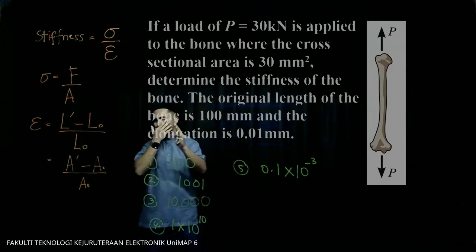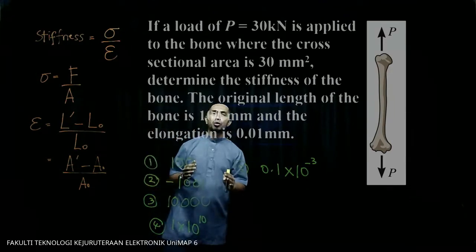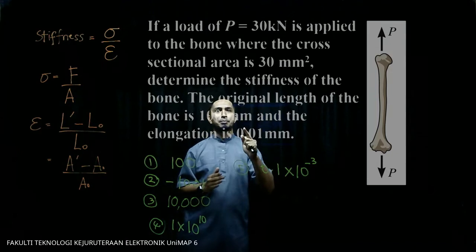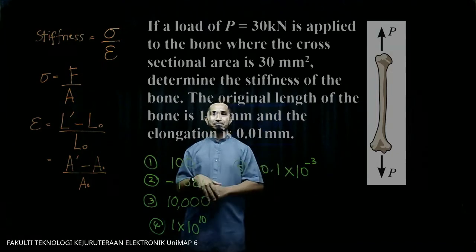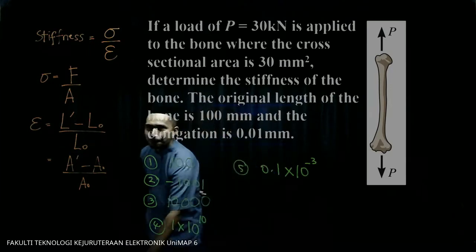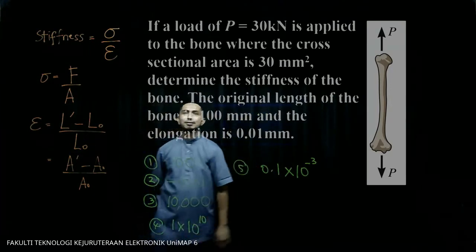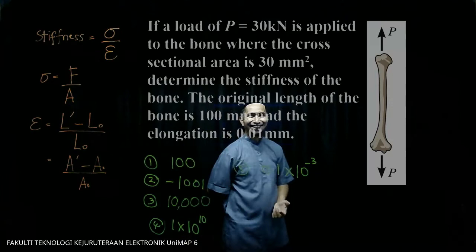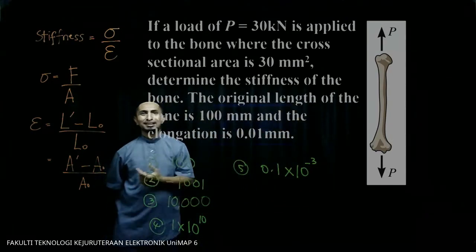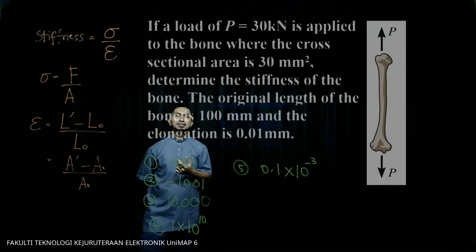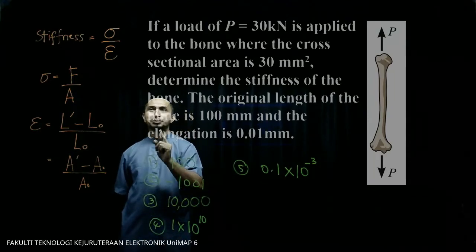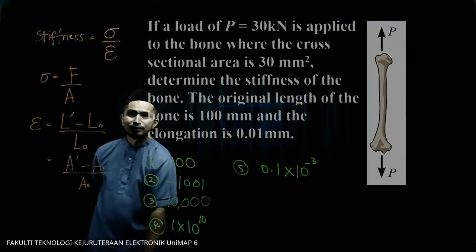Okay, good. How many people said that if we want to convert millimeter square to meter square is 10 minus 3? Okay, siapa cakap 10 minus 3? Pun ada juga. Okay. The correct answer is 10 minus 6 ya. 10 power of minus 6. Dekat situ kalau salah, memang salah dah lah.